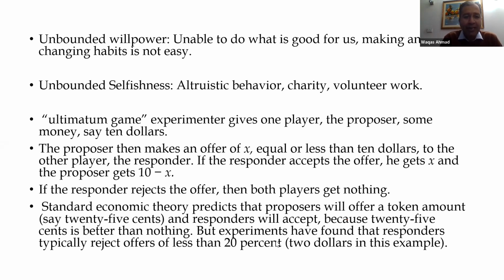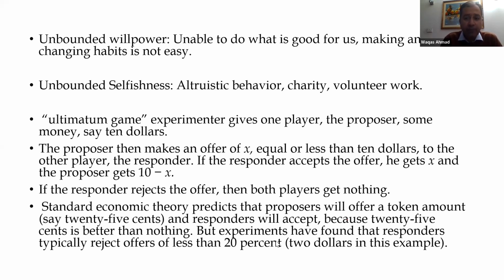Now, in experimental economics, there is a very famous simple experiment called the ultimatum game, in which a proposer makes an offer of X, an amount equal to or less than $10, to the other player, the respondent.